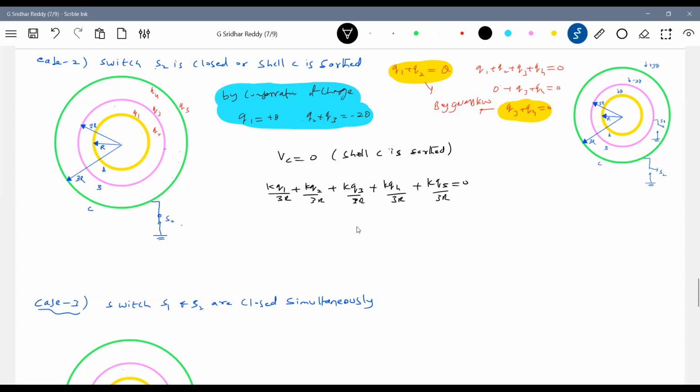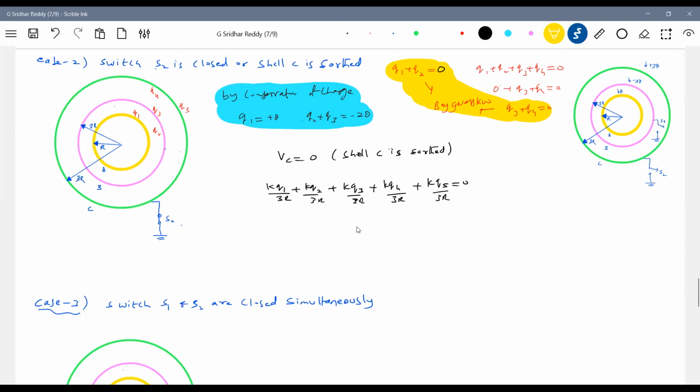What I think from looking at this one, Q5 will be 0, no? Looking at the data, compare the equations. Yeah, 0, it should be. In a hurry, I'm writing. Q5 must be 0 from that one. Q5 will be 0.